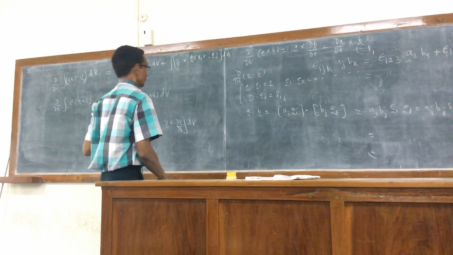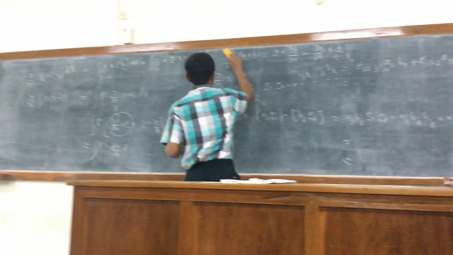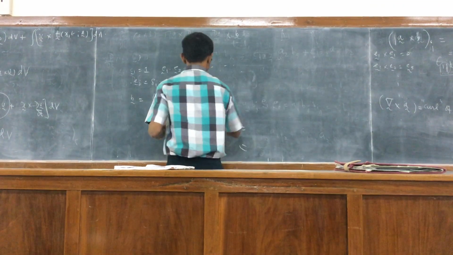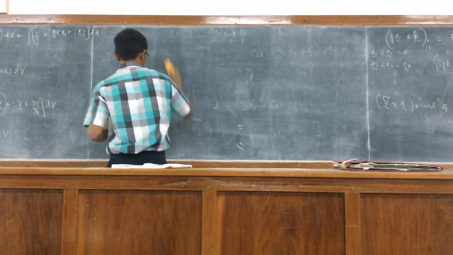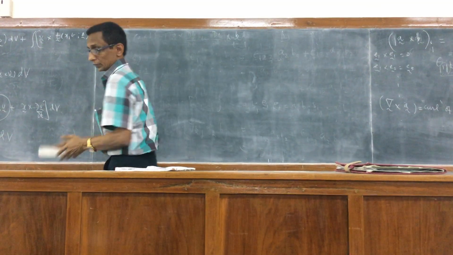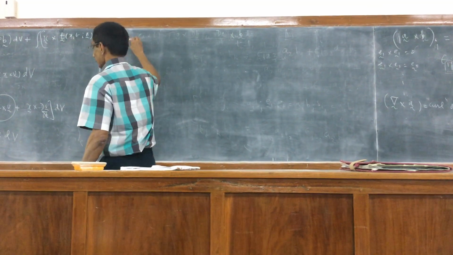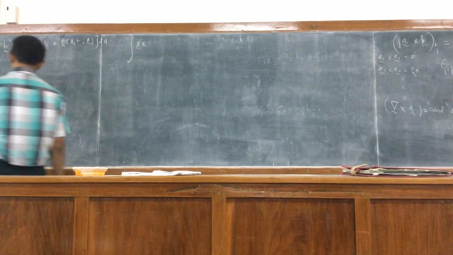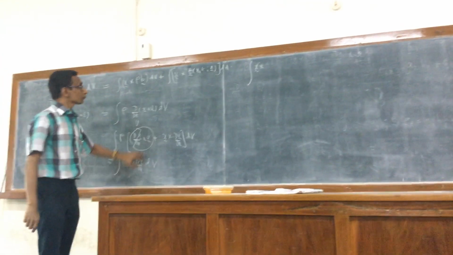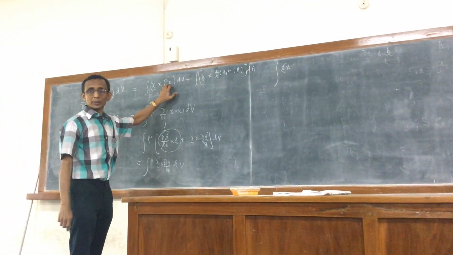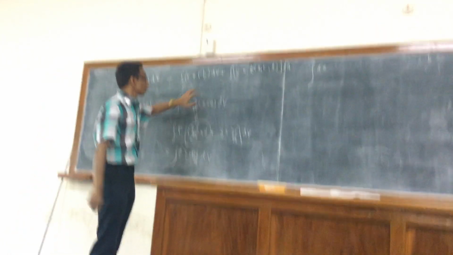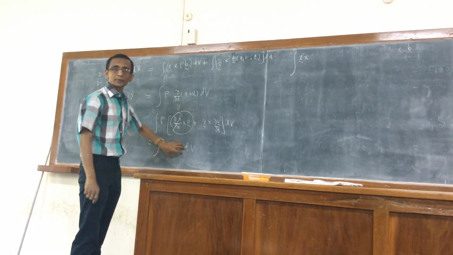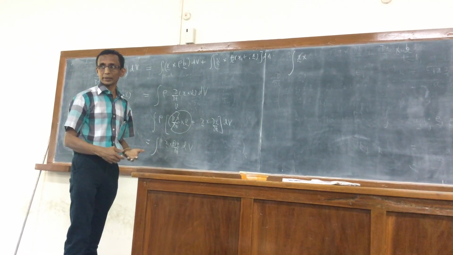So I can write this in finally simplified form as the integral of x cross rho dv by dt, and I have x cross rho b here. I'll bring it over to this side, then I'll bring the x cross rho b and this into the same integral. That can be done.